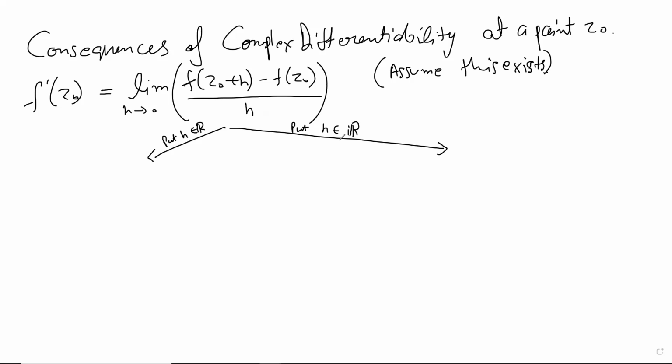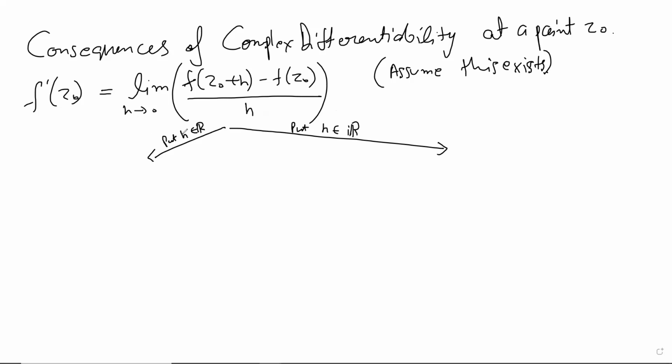These are two core ways. But don't think that if approaching along this makes it differentiable and approaching along this makes it differentiable, then the function must be differentiable. No, that is not true. But at least these are necessary conditions. Is it clear till now?